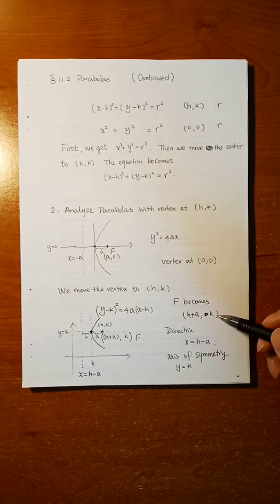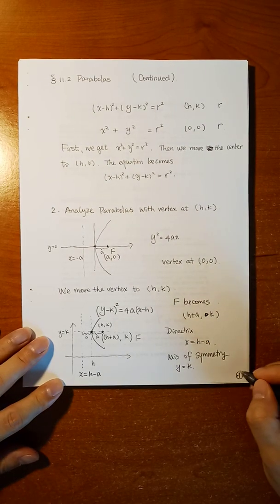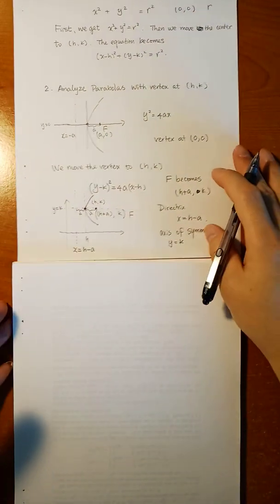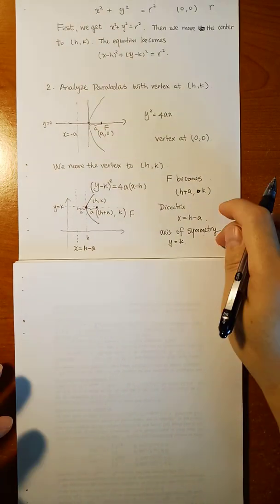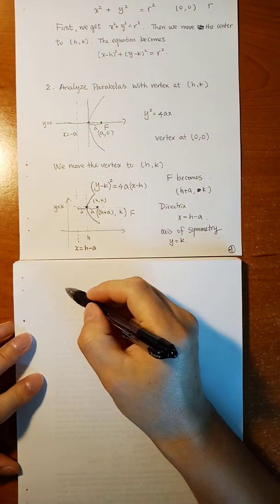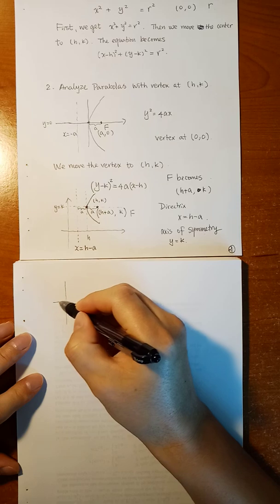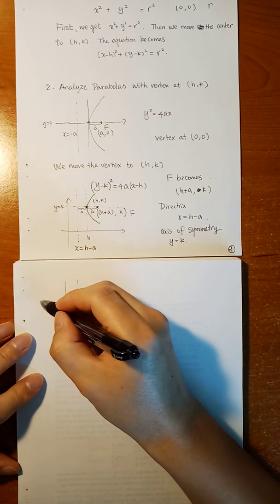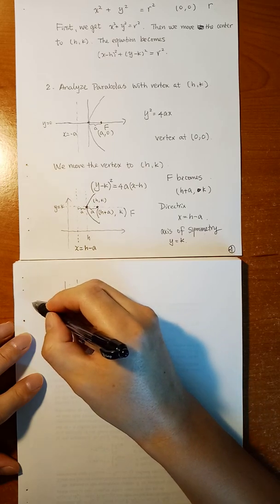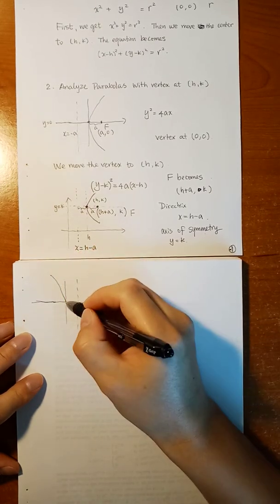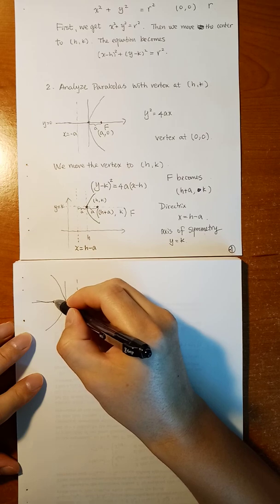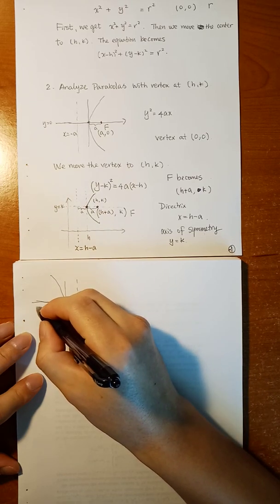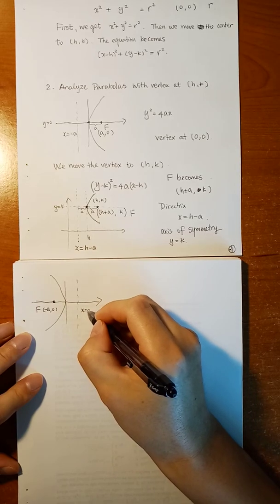Similarly, let me write down all four cases. This is the first case. Second case: this is the negative a, 0 focus, x equal to a.